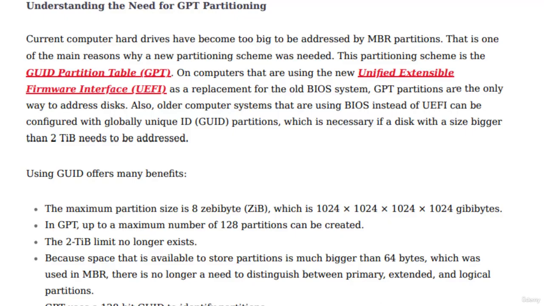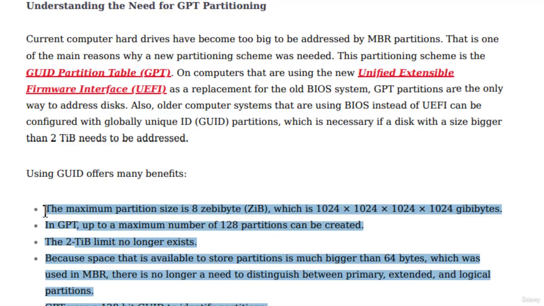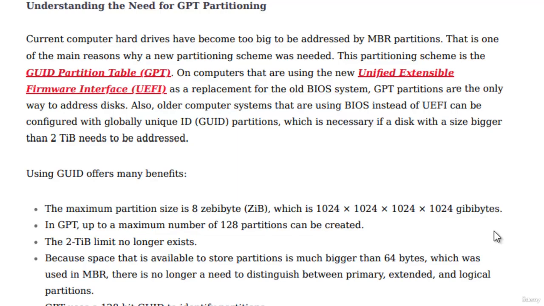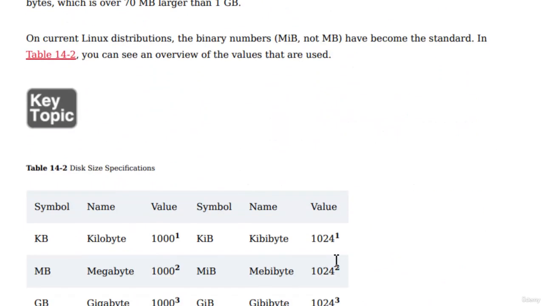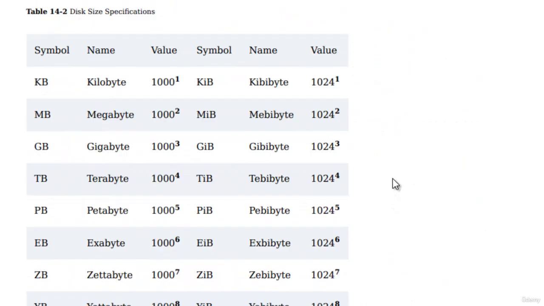That is the reason the GPT table is supported by Linux, because you can easily understand how large a single partition can be. If you think about the sizes, 1 KB kilobyte is equal to 1024 bytes, then megabytes, then GB, then TB, then PB, then EB, then ZB.